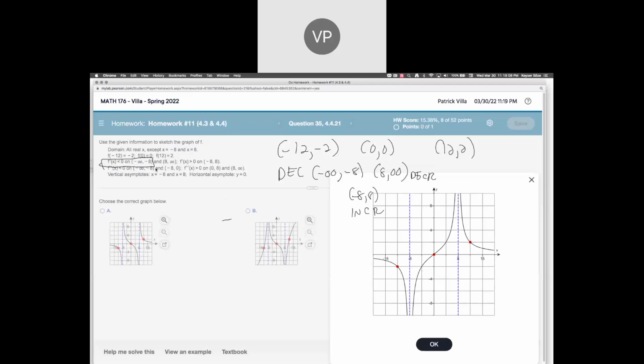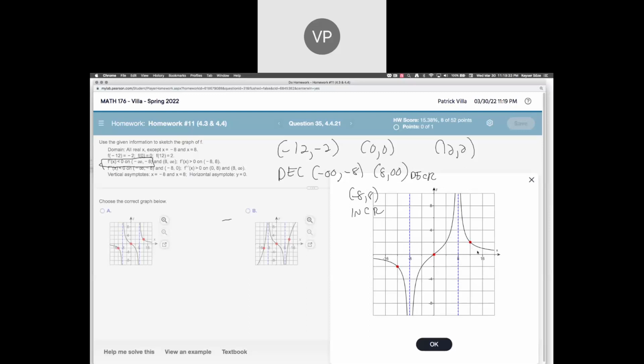Concave down to the left of negative 8, concave down between negative 8 and 0, then concave up from 0 to 8, and concave up after that. Sure enough, this is concave down, this is concave down, this is concave up, and this is concave up. Nothing happens right at negative 8 and 8 because those points don't exist.